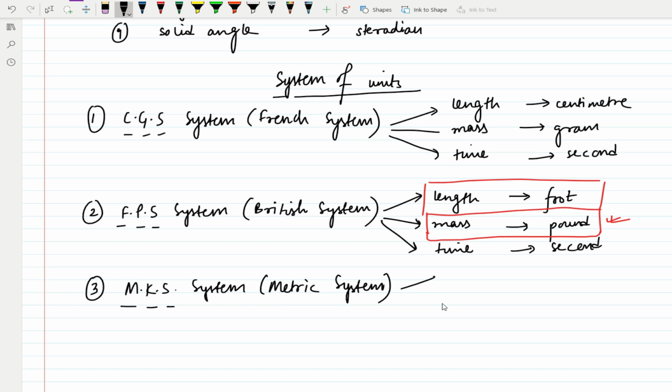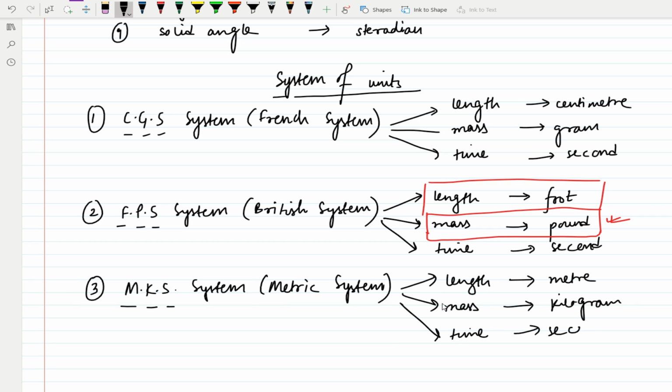In this, length was denoted by meter, mass by kilogram, and time in seconds. Now remember, all these three systems of units are old and have been replaced by a new standard system which we are going to study now.